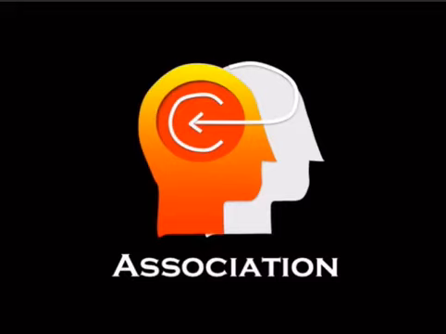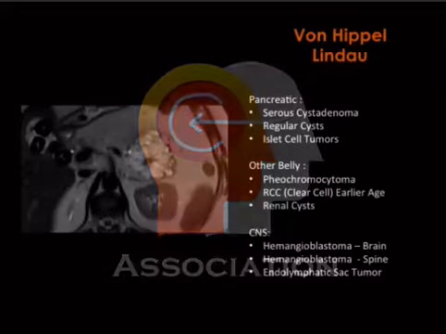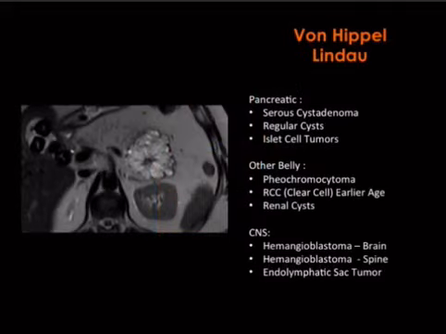All right. So if I show you a serous cystadenoma, or a cyst in the pancreas, or an islet cell tumor in the pancreas, you should think about von Hippel-Lindau. Von Hippel-Lindau has a whole bunch of different stuff: it's got renal stuff, CNS stuff, and a whole bunch of other things. I have a way to organize your brain to remember these things.